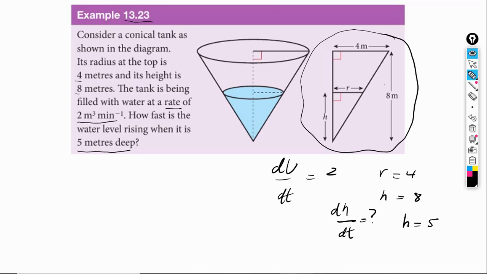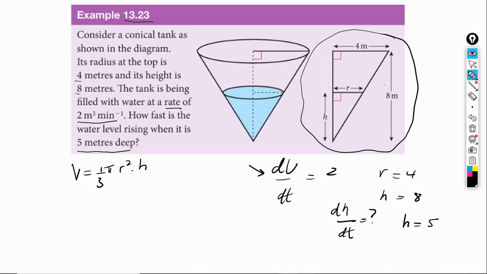Okay, so because they're talking about rate of change of the volume, we should probably use the volume formula for a cone. And that is this one. So the volume of a cone is equal to 1/3 pi r squared times the height.